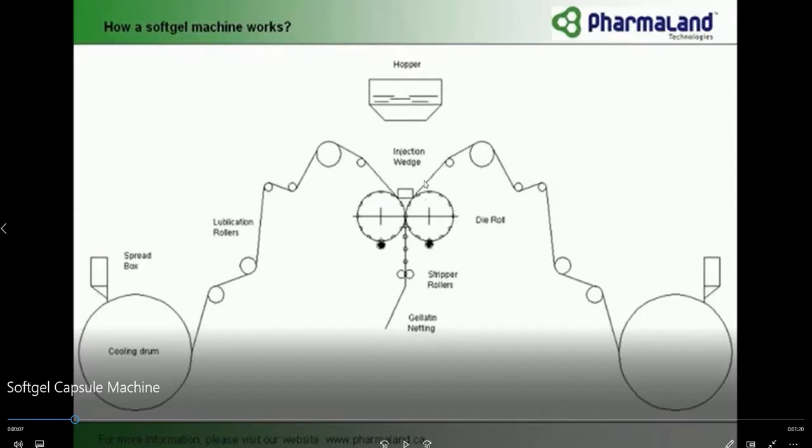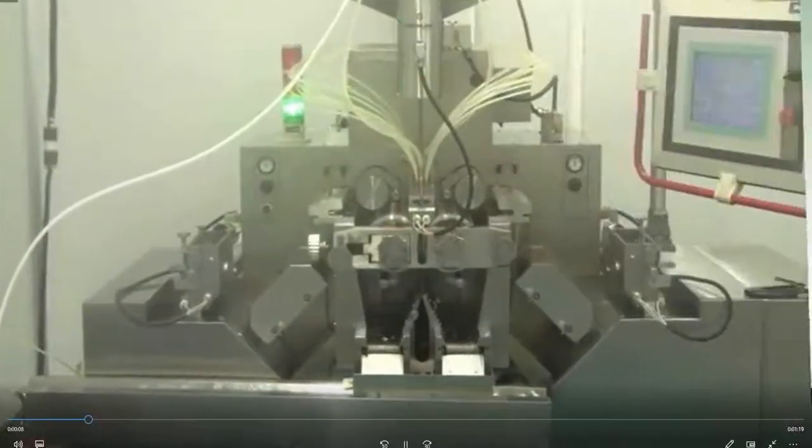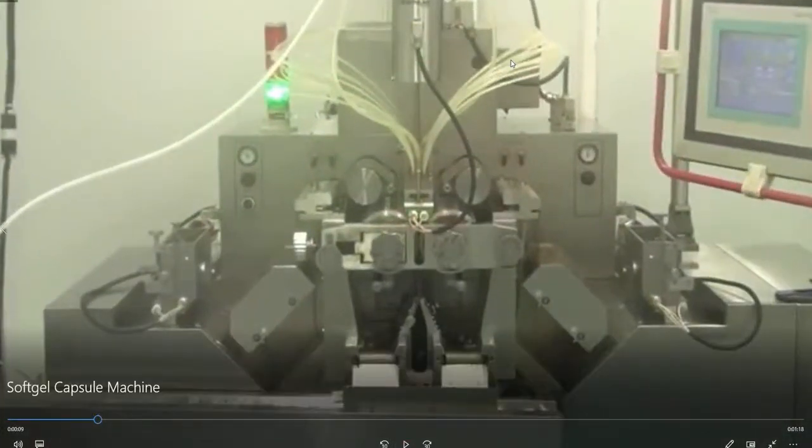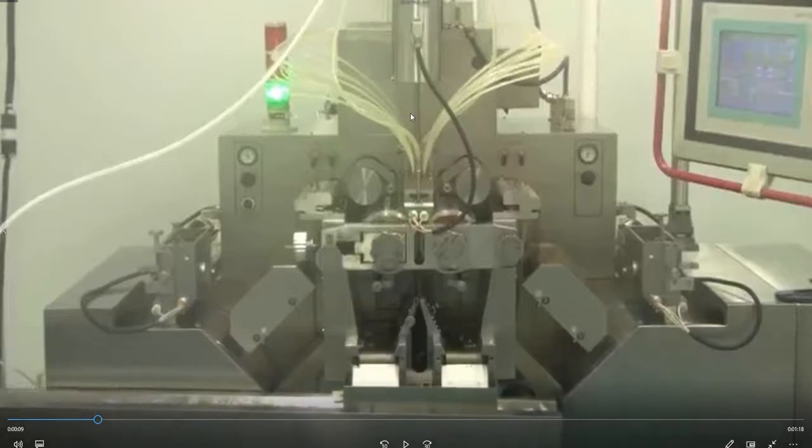In this process the soft gels get produced as you see it here. Now this is the machine. You will see here tubes, white tubes. Okay, and these tubes, they come from the feeder, the one that contains the formulation that you want to feed into the soft gel.